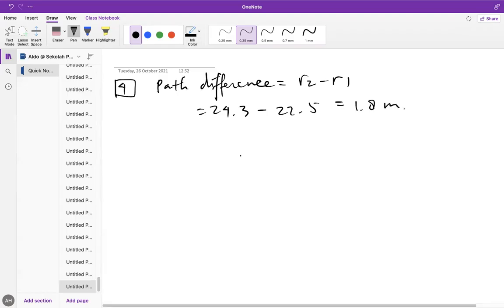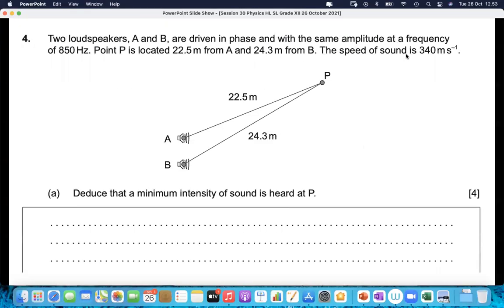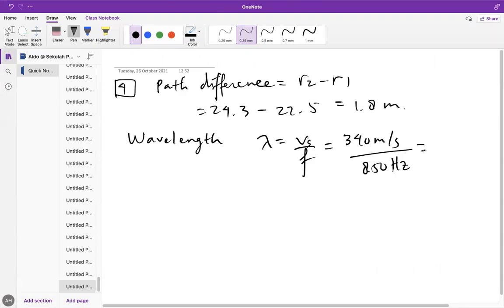That's the idea. After that, we need to find the wavelength. The wavelength formula is lambda equals V over F, where the speed of sound is 340 meter per second and the frequency is 850 hertz. So we have the wavelength equal to 0.4 meter.